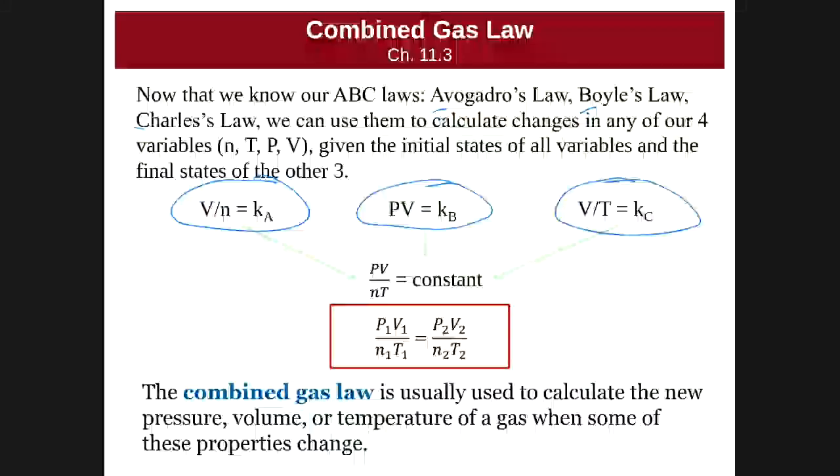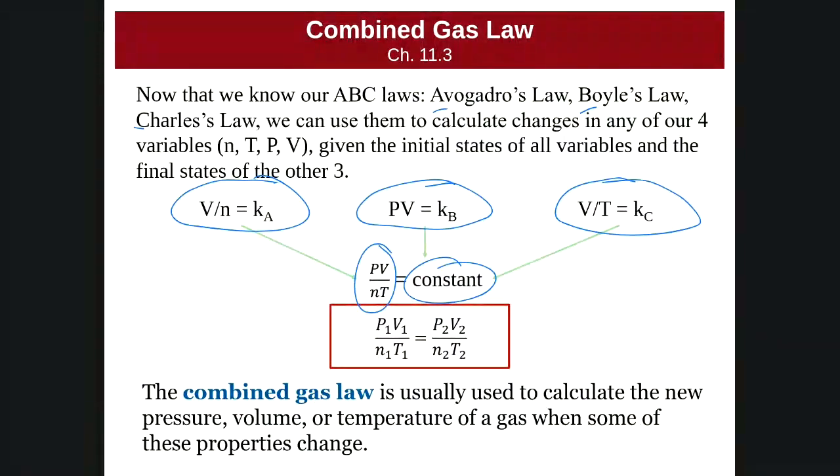We see that V over N is equal to a constant, and P times V is equal to a constant, and V over T is equal to a constant. So if we multiply all those things together, we will see that those constants multiply into another constant, and P times V over N and T is equal to that new constant.